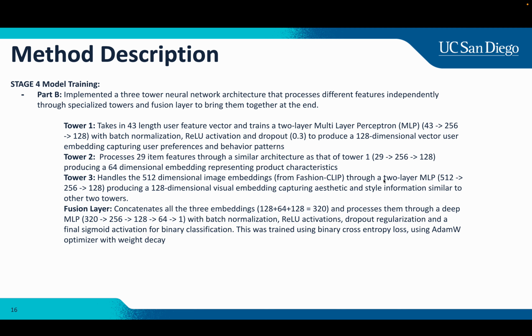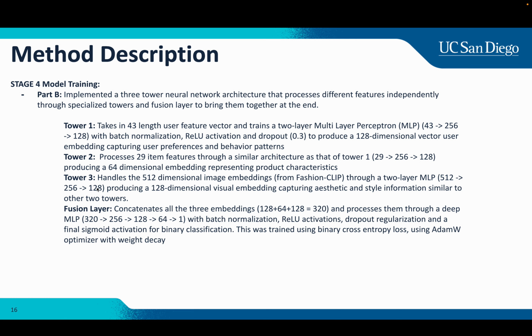I again used a two-layer MLP to bring it down to an even smaller dimensional embedding, again with the hidden semantics of the aesthetic and style of the article image.